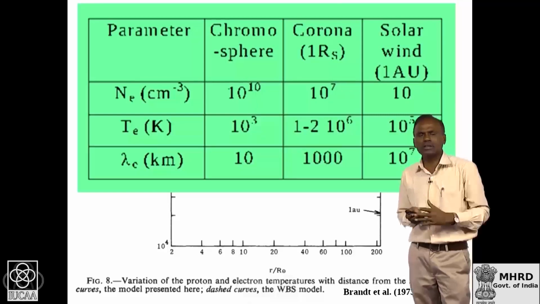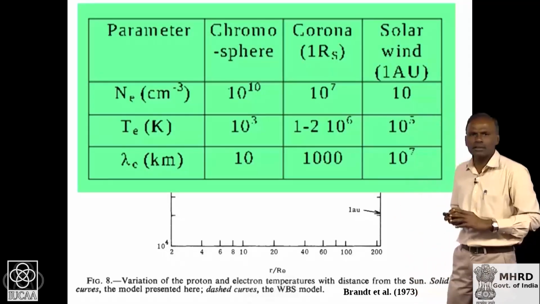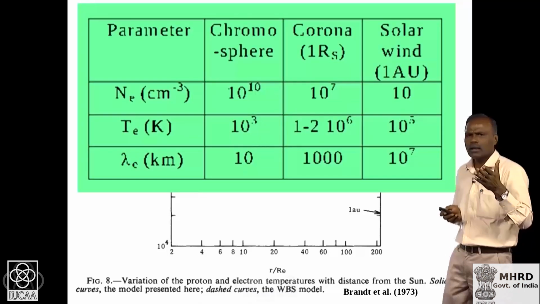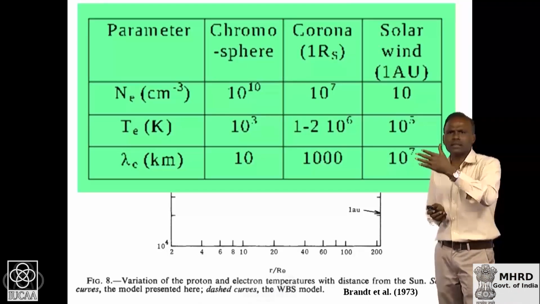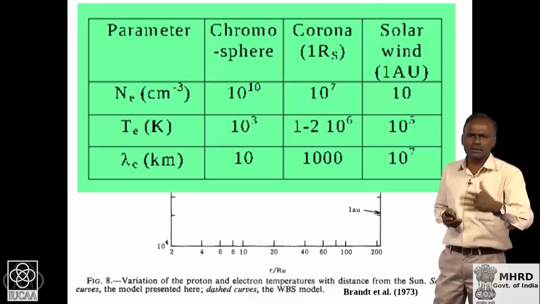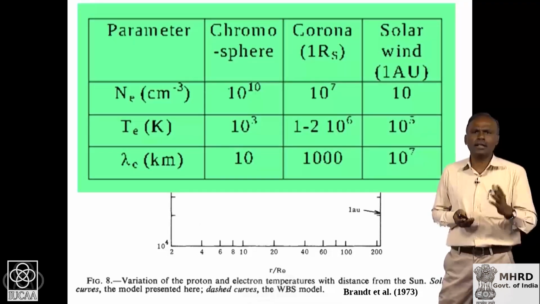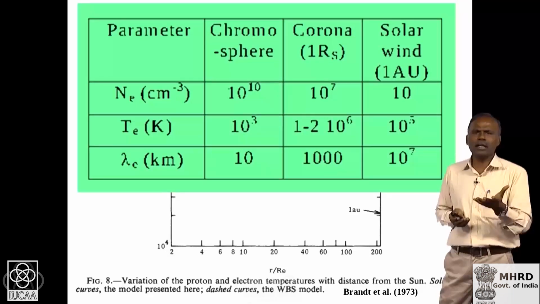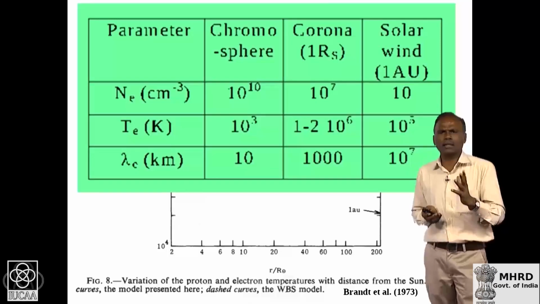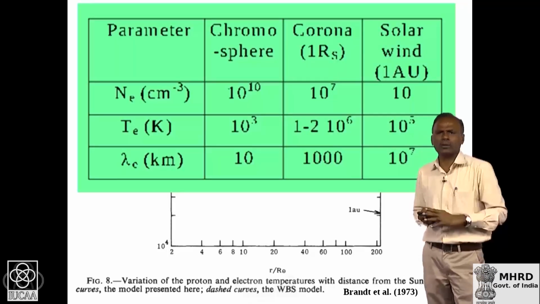This is the typical density variation, whereas for electron temperature, from chromosphere to corona there is a huge increase, which is due to coronal heating, and a million degree temperature falls to something like 100,000 degrees at about 1 AU.